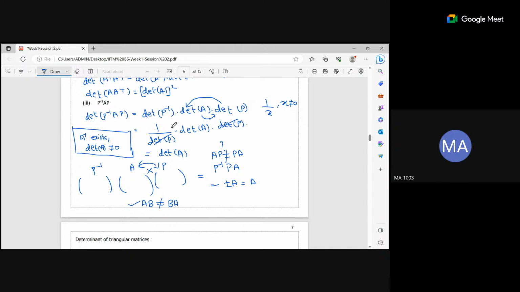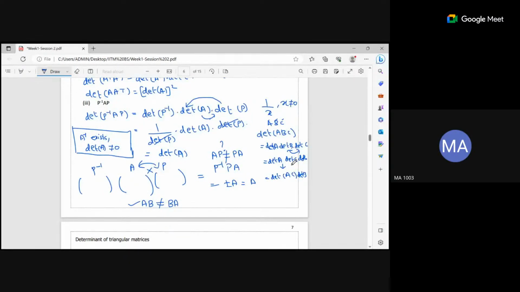Let's say you have the determinant of A, B, C. You are having three matrices here. Let us say the orders are different, or even if the orders are the same, what you are saying is that for the determinant of A, B, C, you want to write the determinant of A, the determinant of B, and the determinant of C. You simply want to exchange these two and say the determinant of A, the determinant of C, the determinant of B, and now you want to write this as the determinant of ACB.